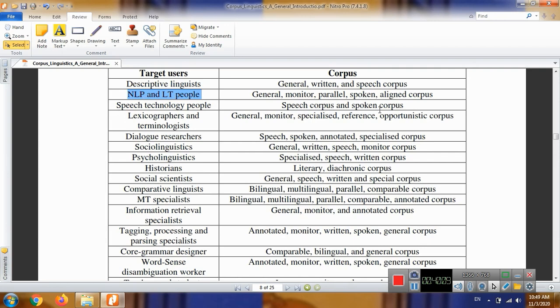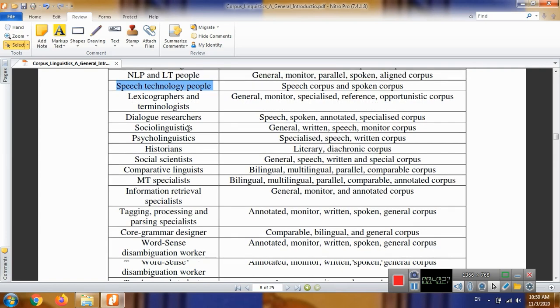For the speech corpus and spoken corpus, our user is speech technology people. For general monitor specialist reference opportunistic purpose, our target user is lexicographers and terminologists.